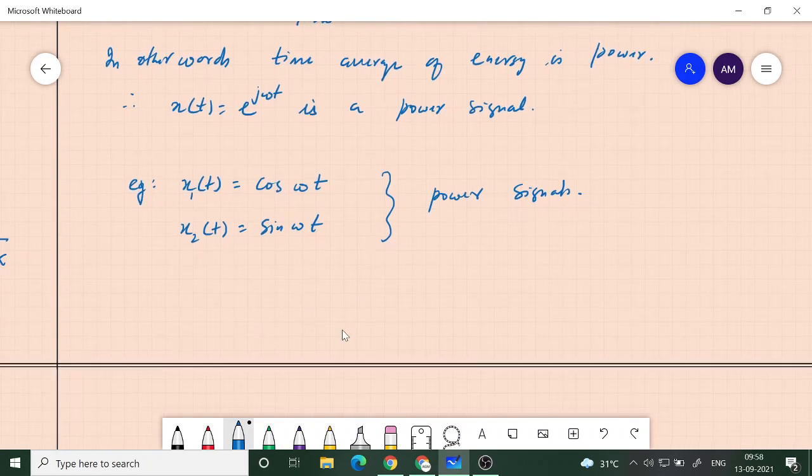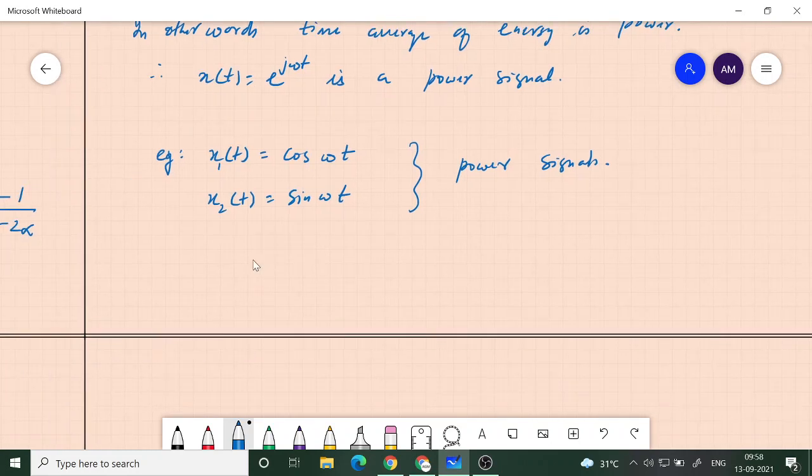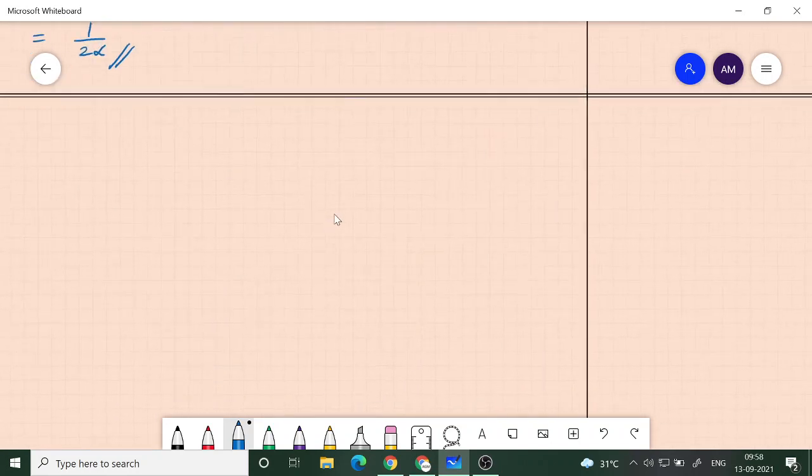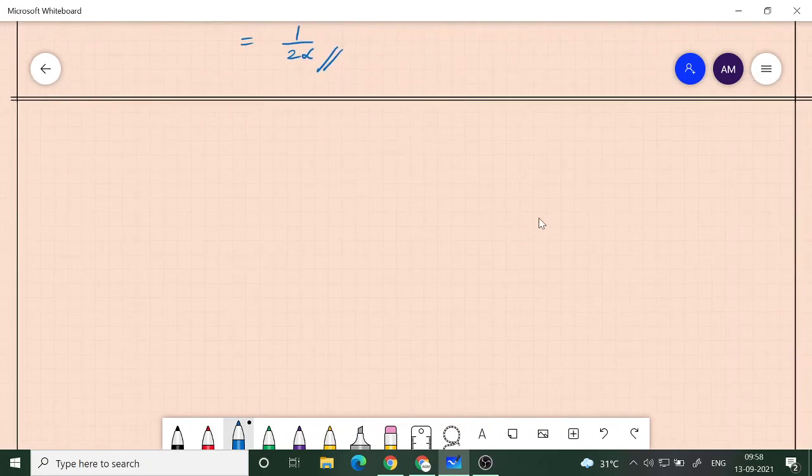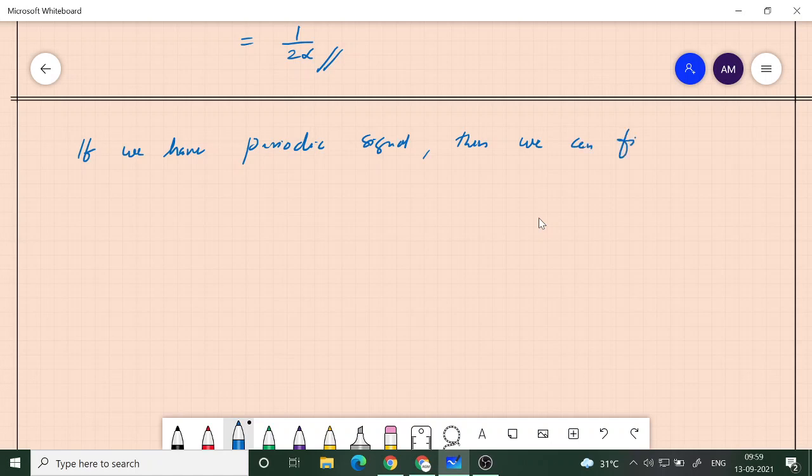Now cos omega t and sin omega t are periodic signals, and if we have a periodic signal, we have a slightly modified expression for evaluating the power. All periodic signals are power signals.